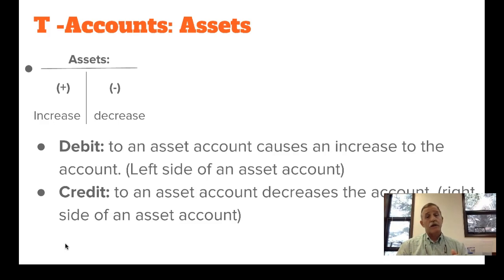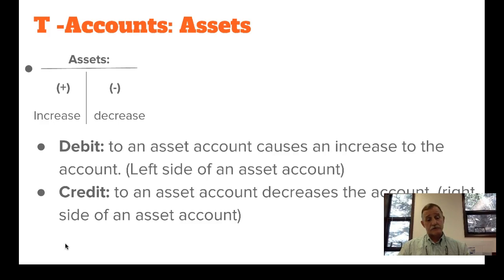Okay, and we need to keep in mind that this relates to the accounting equation that we talked about earlier. You have to have at least one debit and one credit if we're in an accrual, double entry accounting system. That's what we're going to be using. And the debits have to equal credits.